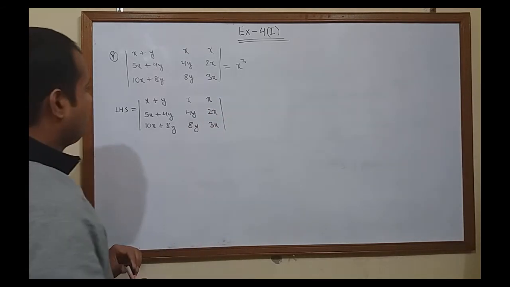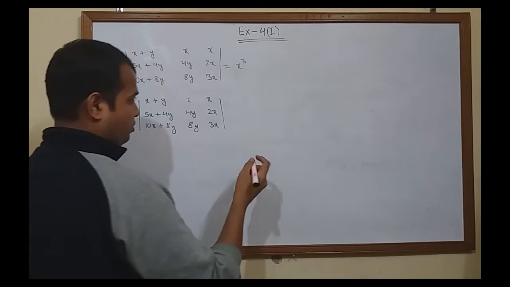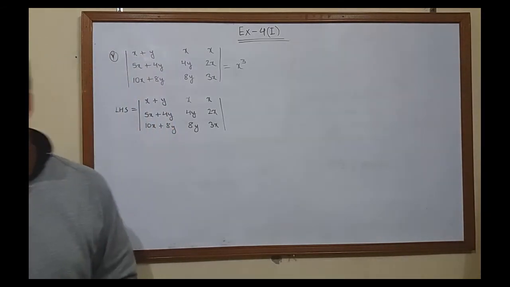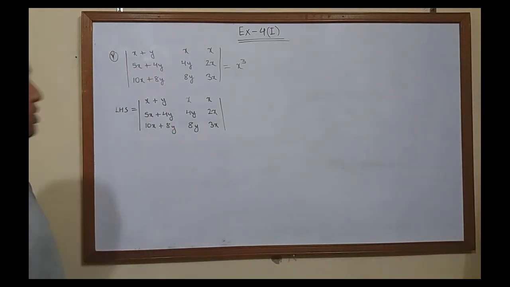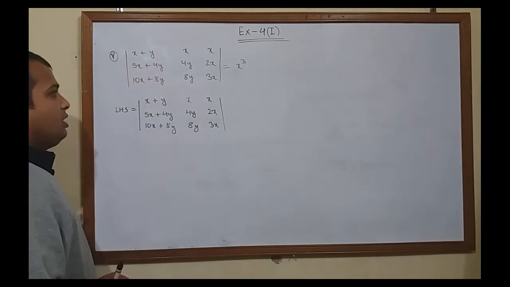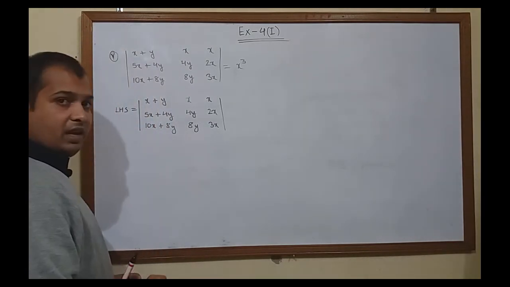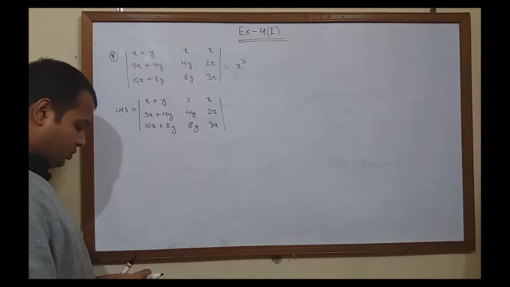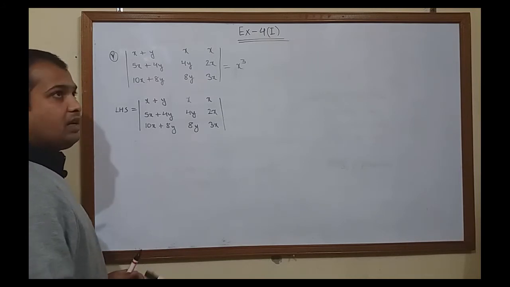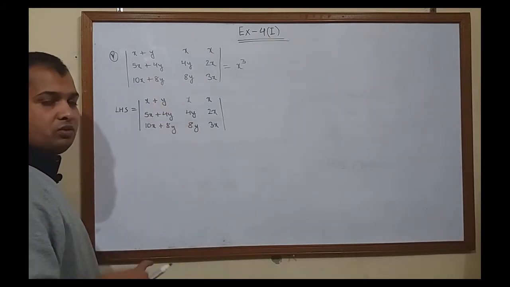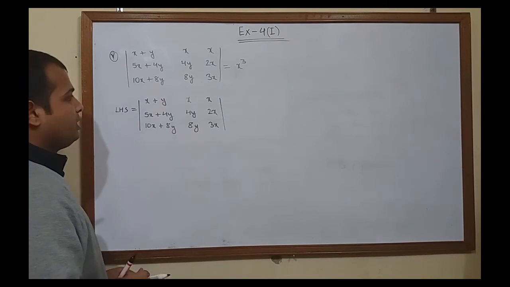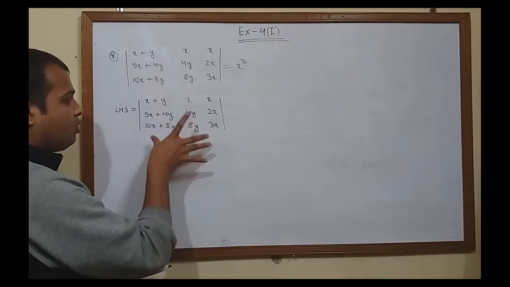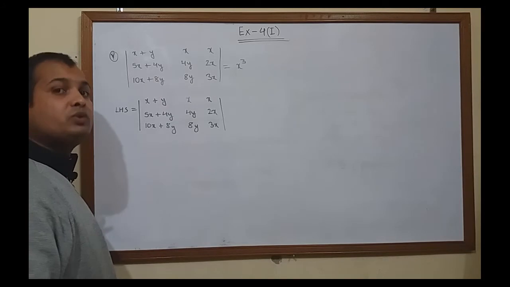Here, try to recall one property which says that if in any row or a column you see that elements are sum of two numbers, then you can write the whole determinant as a sum of two determinants.